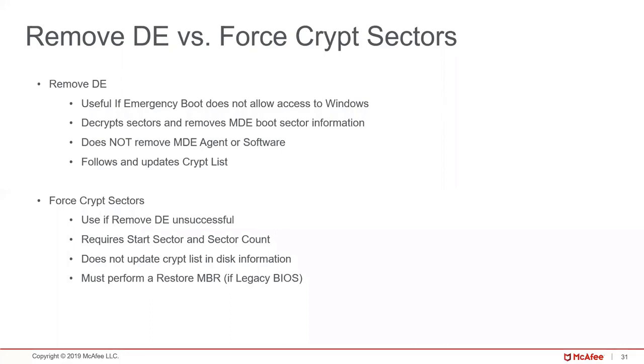If the disk information is not available due to a corrupt pre-boot file system, then we would provide the information in a force decrypt scenario that does not require the presence of a crypt list. You provide the start sector and the sector count. It does not rely upon the presence of a crypt list, and of course does not update a crypt list. Upon completion, you will need to restore the MBR, the original Windows MBR, if it's in legacy BIOS mode.